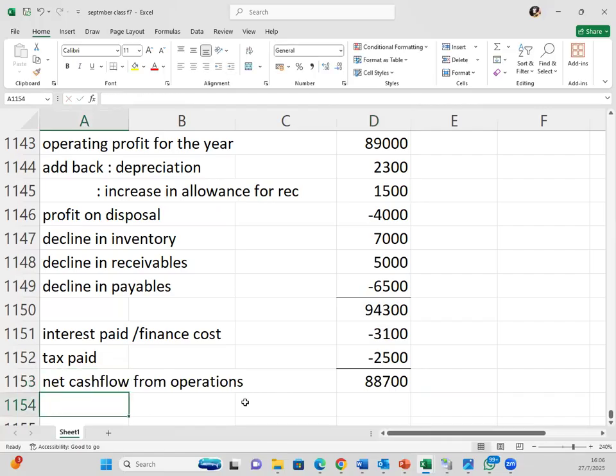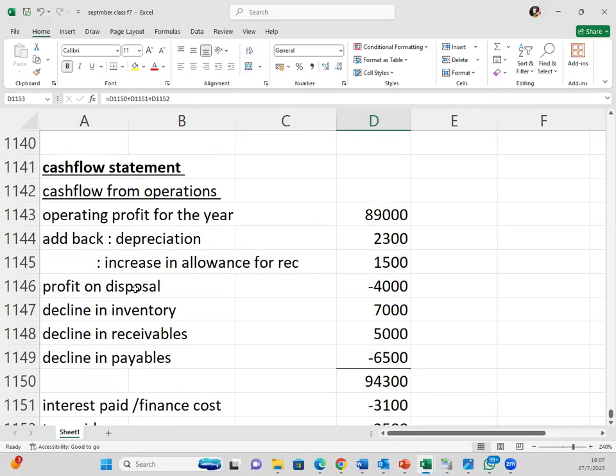So we are tracking how the cash from operations has been derived. We started with the amount we received from the profit for the year. We adjusted for the non-cash items. And after that, we also incorporated the working capital changes.